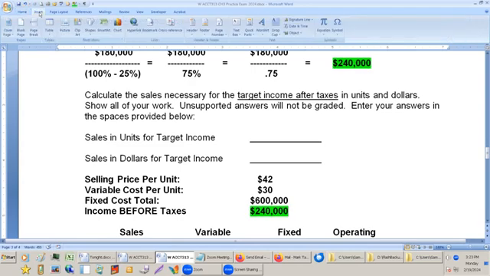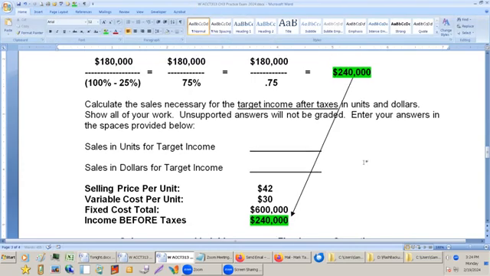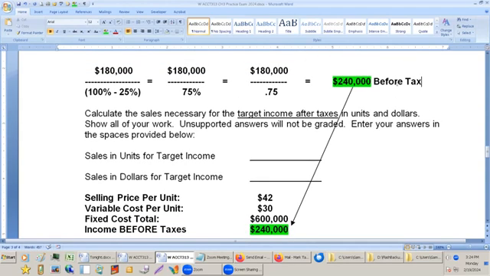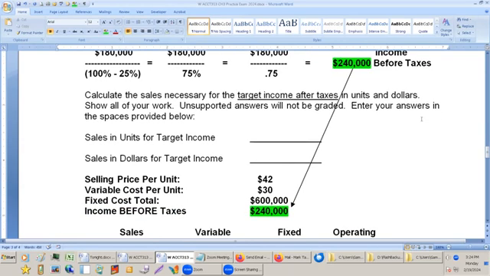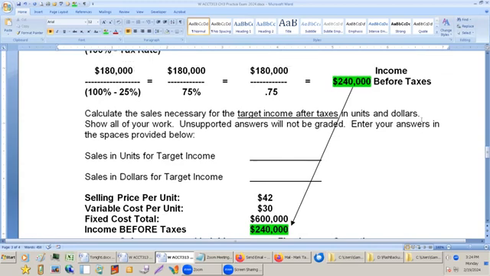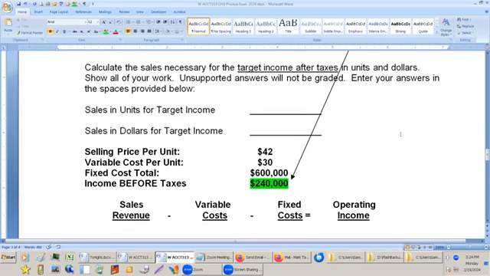So this is their before tax income, and that's what we're going to plug into our equation.